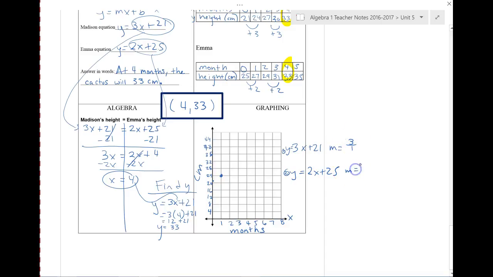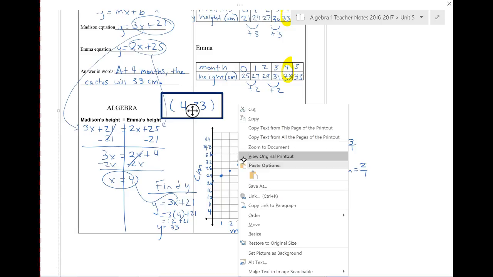And the same thing with this slope of 3 over 1. So we go up 3 from 24, so 24 plus 3 is 27, so that's about here. And we go over 1. Then 27 plus 3 is 30, and that's right here in the middle of 28 and 32. And then from 30, we have to add 3 again. So 30 plus 3 is 33. And 33 is not in the middle, it's right before the middle.